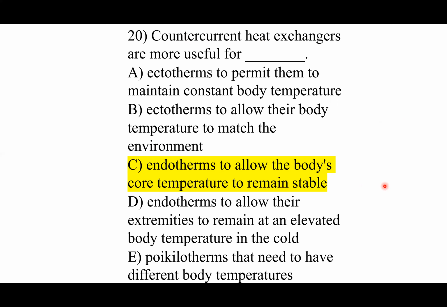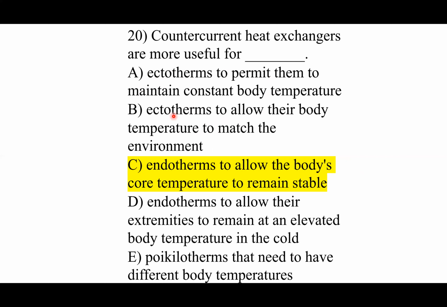So it's just a good way of helping with stability of the body temperature in the blood, whether it's in the artery or in the vein. And for some of these other answers, like ectotherms, to permit them to maintain constant body temperature. Well, they don't have constant body temperature because they can't regulate their body temperature. Ectotherms to allow their body temperature to match the environment.